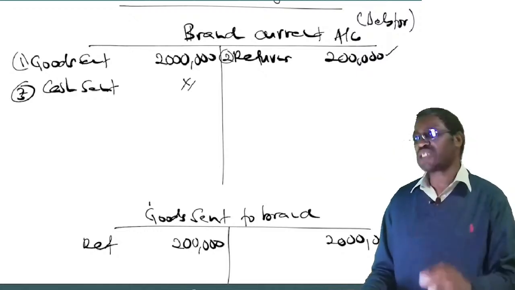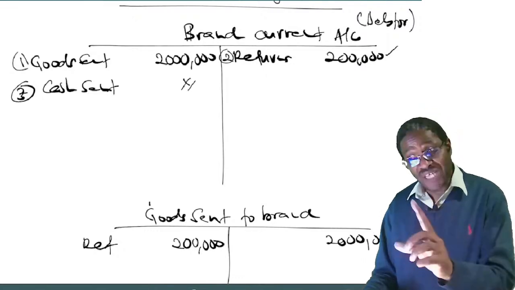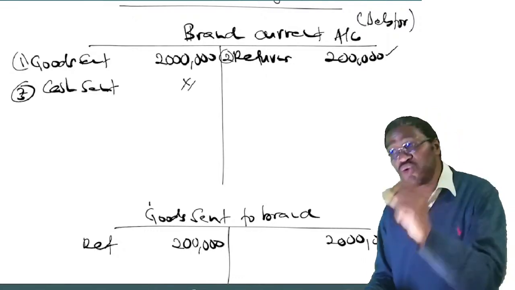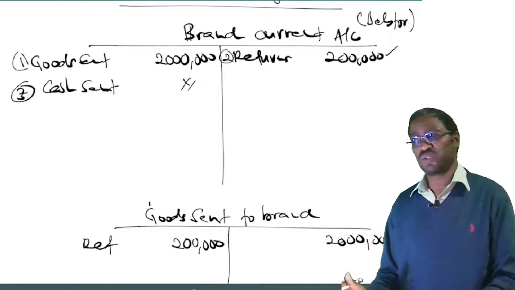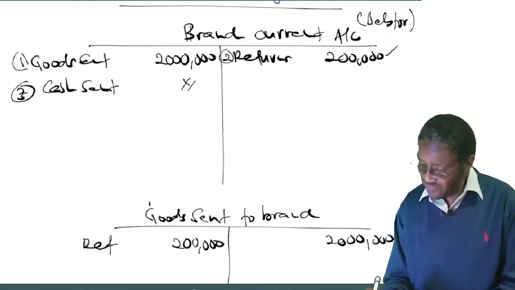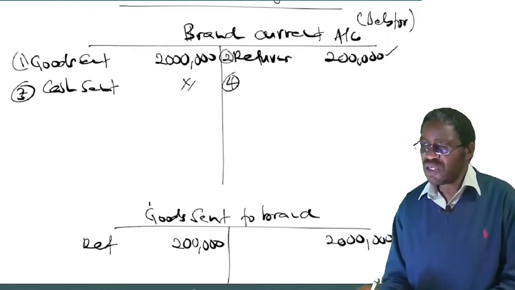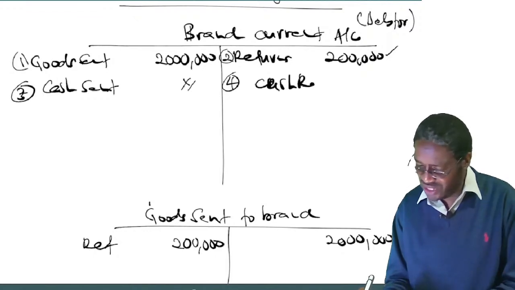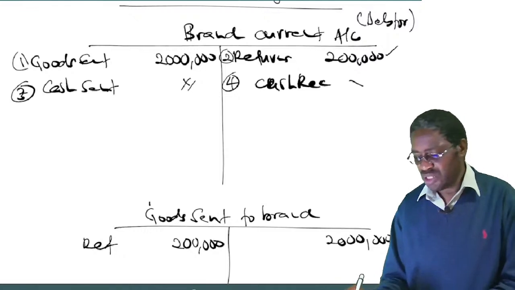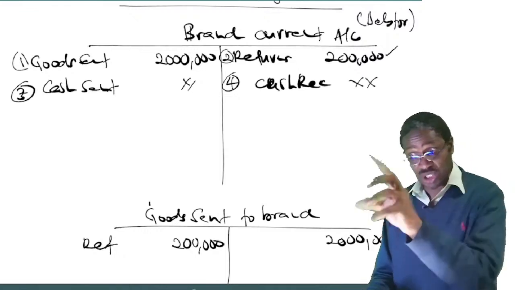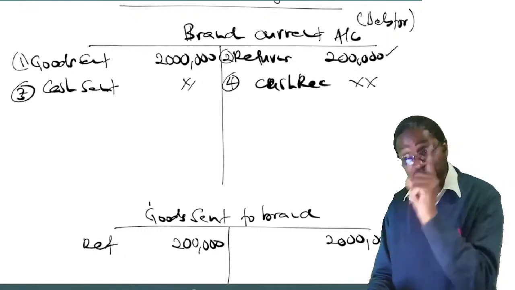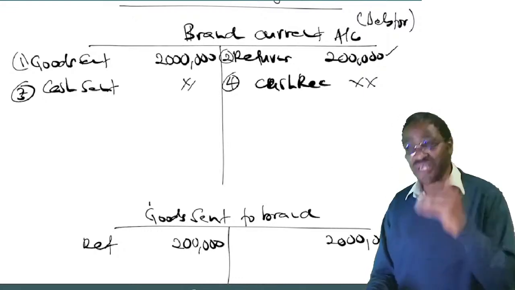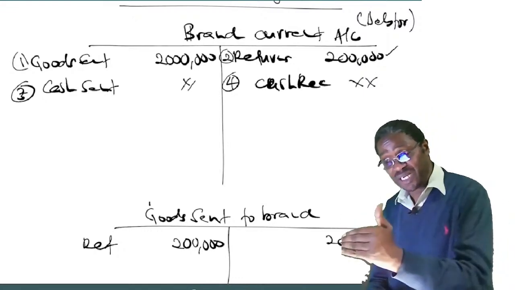When you receive cash from the branch, you as the head office, you need to reduce what the branch owes you. Again, you are receiving. So number 4, with cash remitted by the branch, you as head office will debit cash and you will credit head office current account.